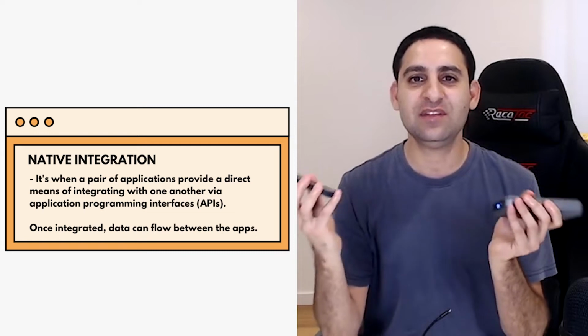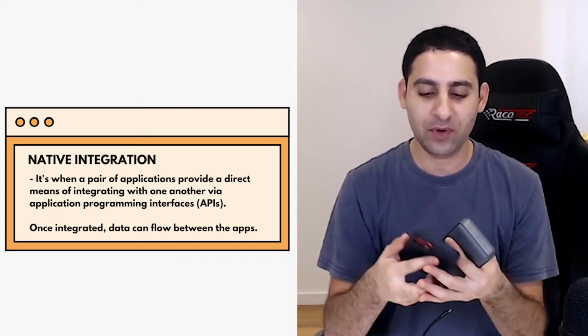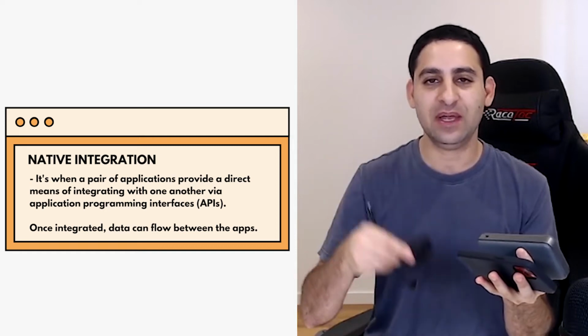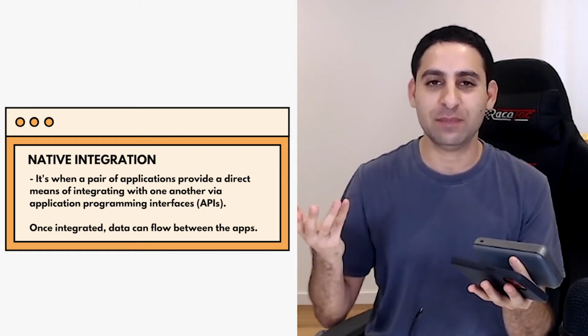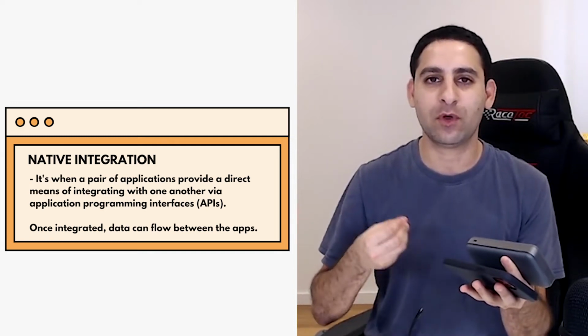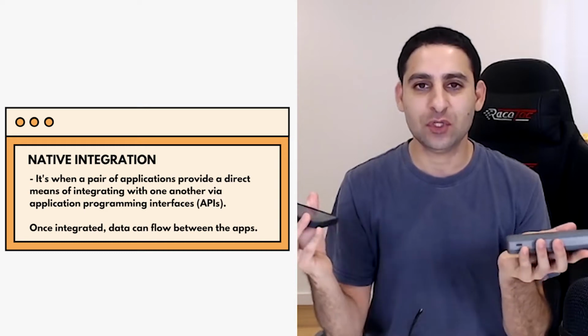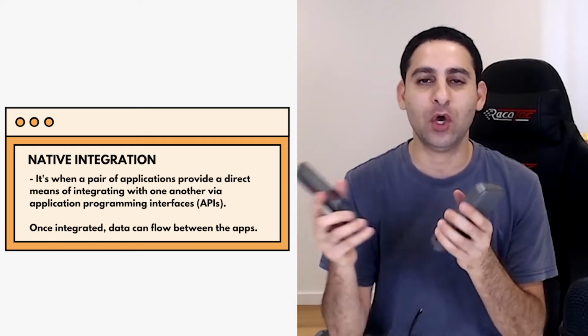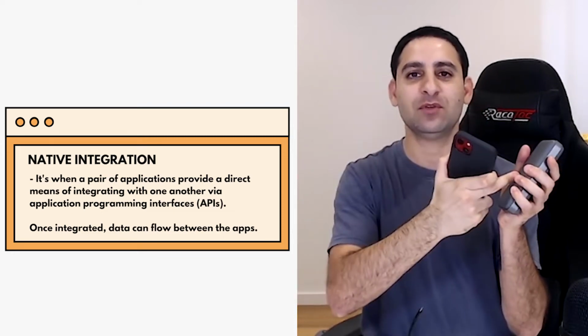Typically these connections are a lot easier to do, whereas Zapier costs money and has a little bit more complexity to it. But native integrations make it so you can connect the two with just a code. You grab a code from a software like ConvertKit and you put it on another software.